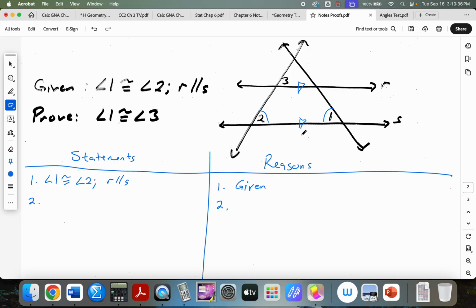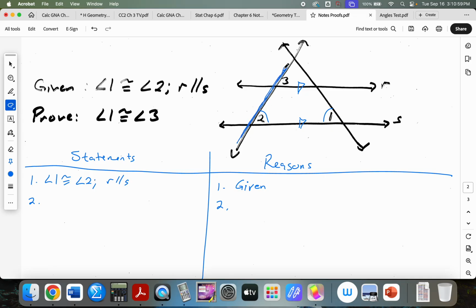All right, next we want to make another statement based on the information that I was given. So I know 1 and 2 are congruent. Not much I can do with that right now. What kind of angles are 2 and 3? Corresponding. Here's the transversal.